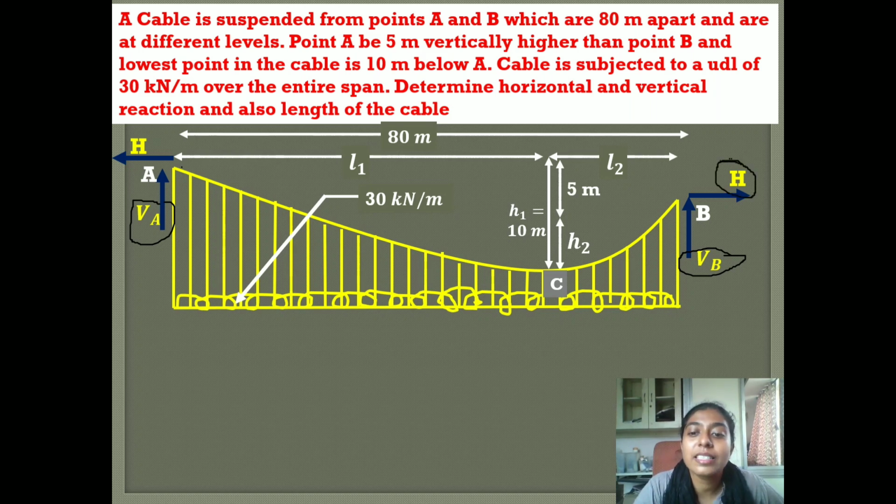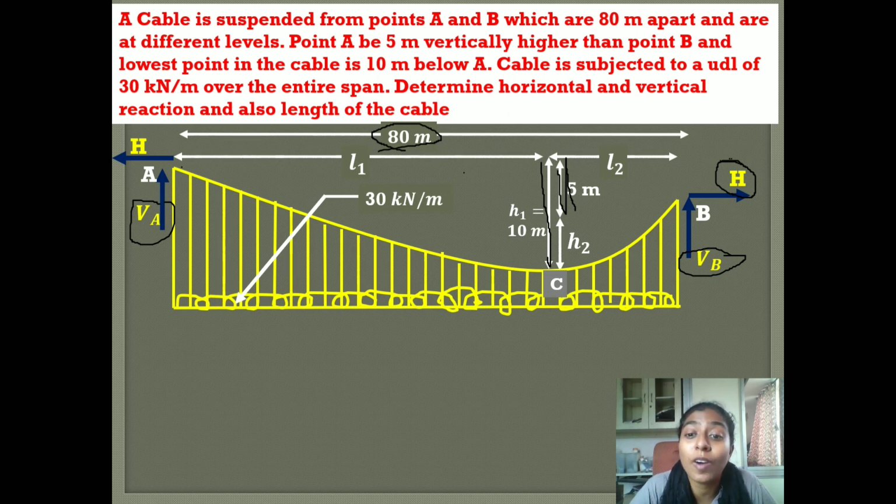Now, as given in the question, the distance between the supports A and B, that is the span length, is 80 meter. Point A is 5 meter vertically higher than point B. So from point B, A is 5 meter higher, and the lowest point in the cable is 10 meter below A. That means our H1, from A to the lowest point in the cable, is 10 meter.